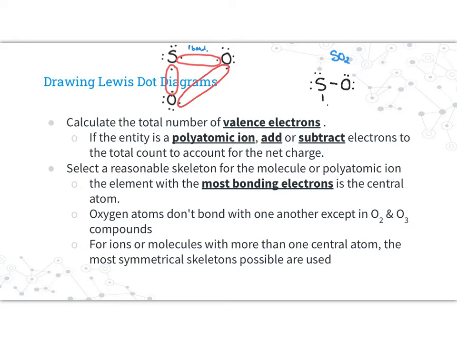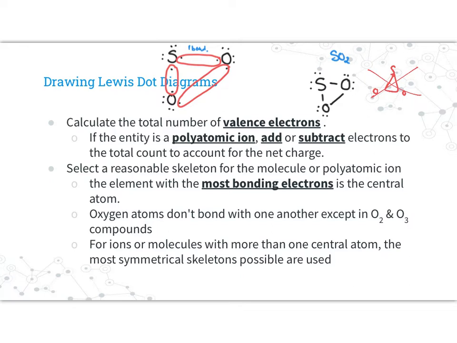And that sulfur was bonded to another oxygen, which had 2 lone pairs, and these 2 oxygens were bonded together. So again, a bond represents these 2 electrons sharing between themselves. Now what this looks like is a big triangle where we have sulfur, oxygen, and oxygen. And this is actually not what SO2 looks like in real life.